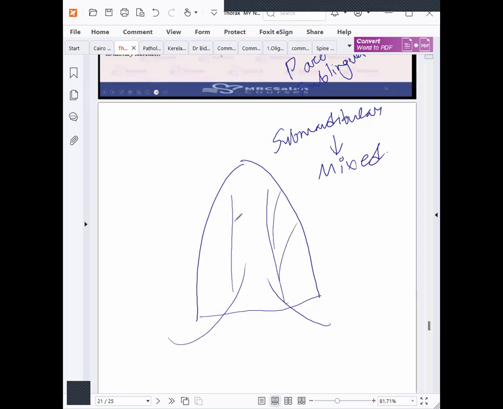If the hypoglossal nerve on this side is injured, this side's muscle will be paralyzed. So there is loss of motor function of the ipsilateral side, the same side.